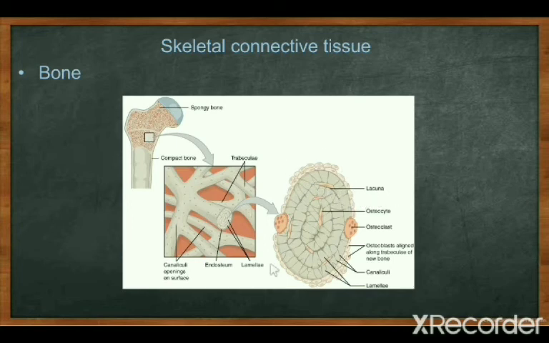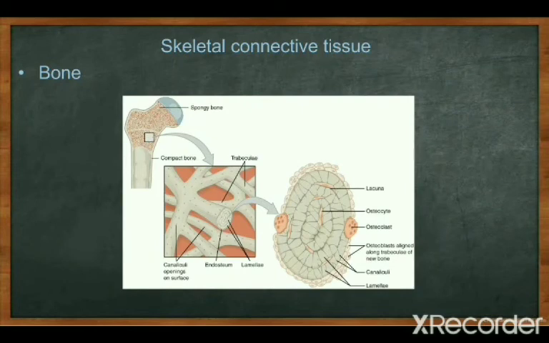Bone forming cell is called as osteocytes or osteoblast. Location that you already know, it forms the endoskeleton of the adult. Function of the bone is very clear, that it forms supporting framework, it protects internal soft organs like heart, kidney, liver.